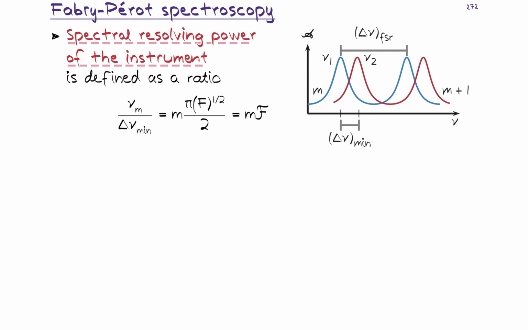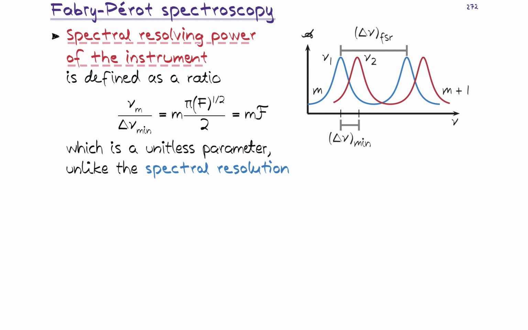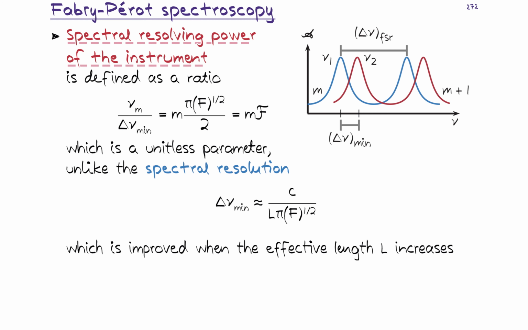And it's a ratio, so we know that it's a unitless parameter, a slightly different kind of parameter to describe the behavior of my cavity. So it's not the spectral resolution as defined here, which has units. And of course, we can see the differences here: this only depends on the cavity parameters, on the finesse.